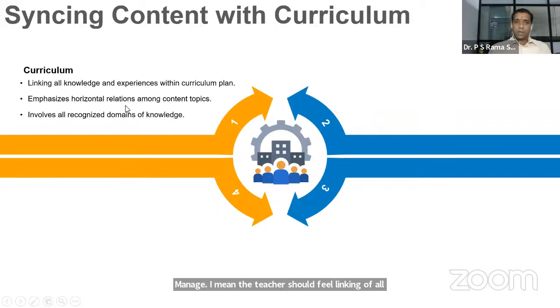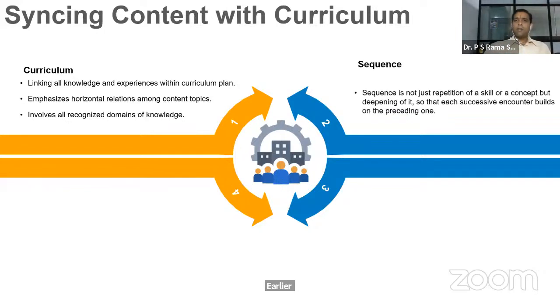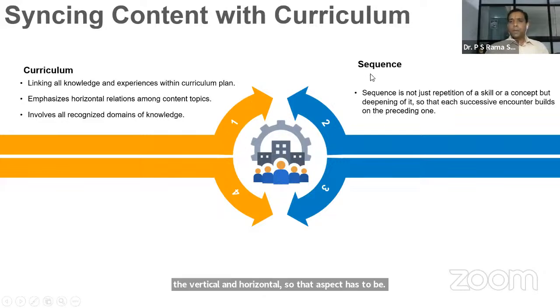It also has to emphasize the horizontal relation. Horizontal means the horizontal relation, as I've told you earlier, the vertical and horizontal. So that aspect has to be covered. The other one, sequence. So what is sequence? 3 things we spoke of in the previous slide: sequence, continuity, and integration.